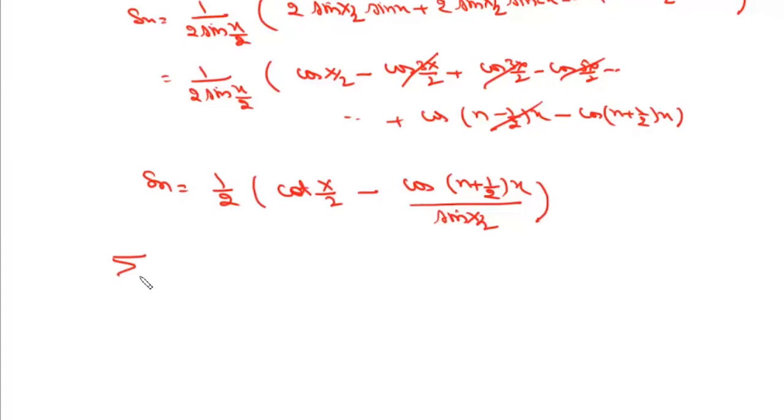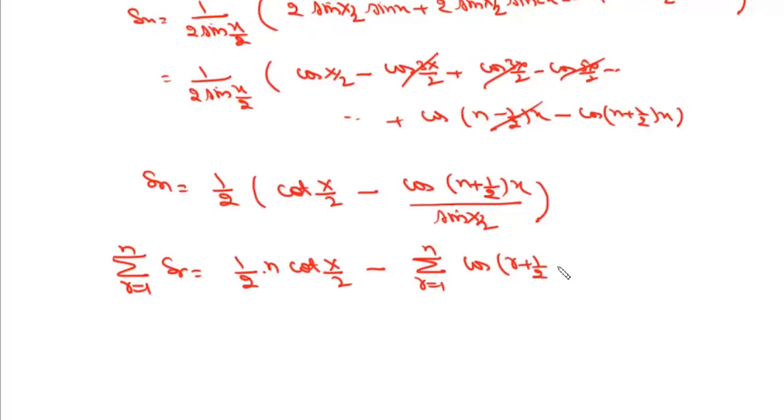Now if we take this summation, r varies from 1 to n, Sr will be this 1 by 2 n cot x by 2 and then minus this summation r varies from 1 to n cos r plus 1 by 2 x upon sin x by 2.